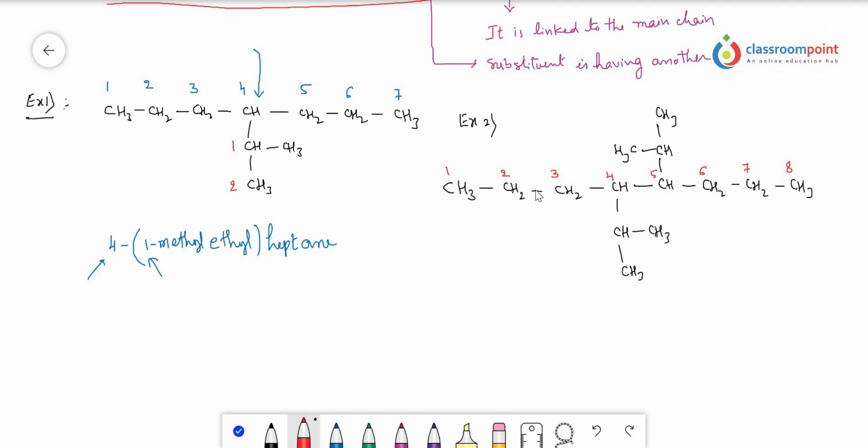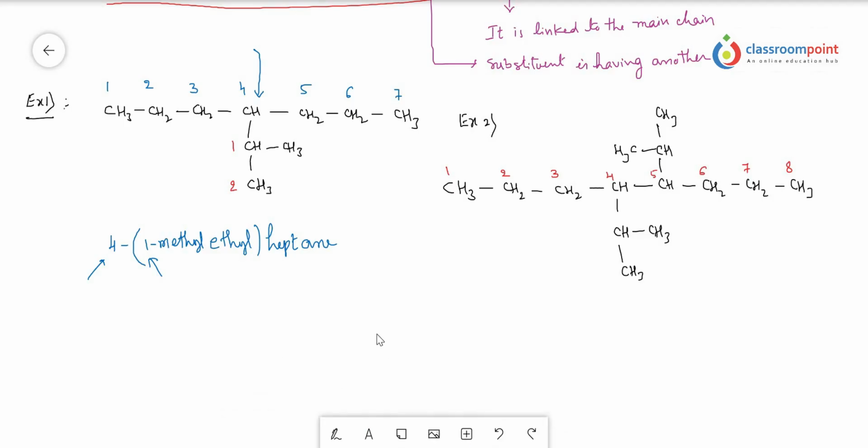Only 7 are there. And go this side, up to here 5, 6, 7. And if you go like this, 1, 2, 3, 4, 5, 6. And from this side also 1, 2, 3, 4, 5, 6. So obviously the first one shall be the longest continuous carbon chain.